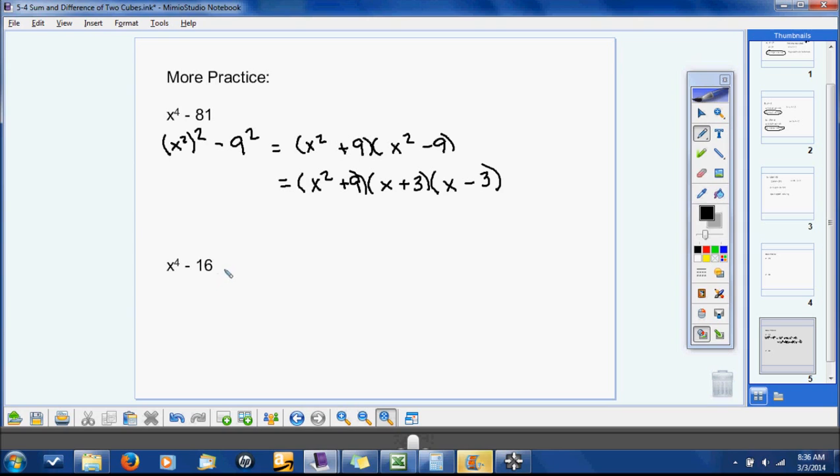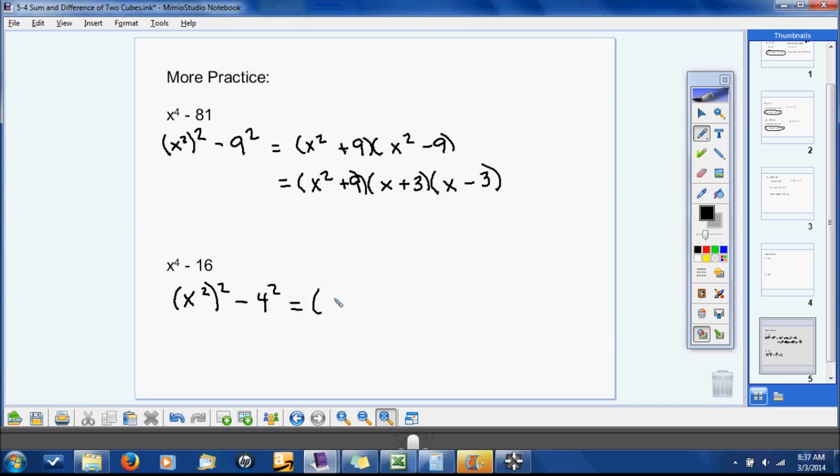Alright, before you move on, try this one on your own. Note it's very, very similar to what we saw here. So pause it right now, try this one, and then turn it back on so that you can watch and listen. Alright, so x fourth is really x squared minus 4 squared.